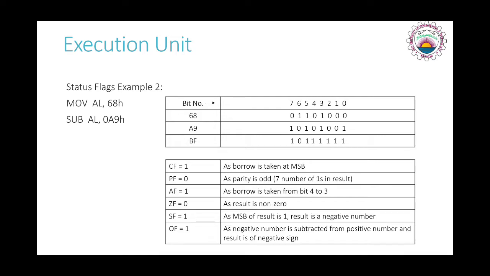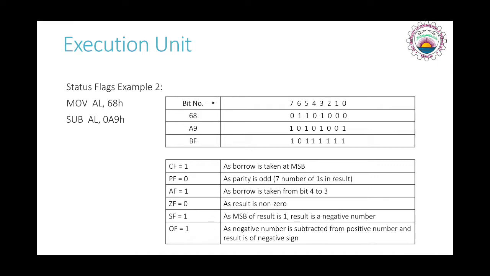In this slide we are having another example of status flags, how status flags will be affected after an arithmetic operation. So we have an example of subtraction here, an 8-bit subtraction operation. So we are having 68 as the first number and another number A9 is subtracted from 68 hex.